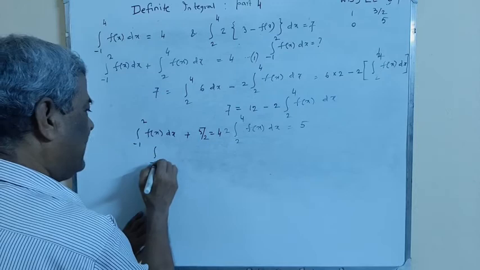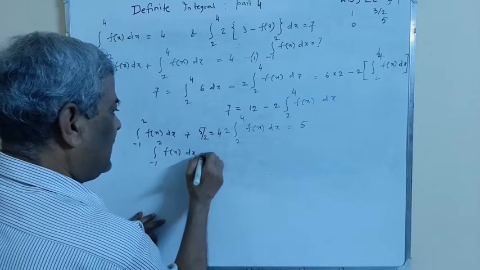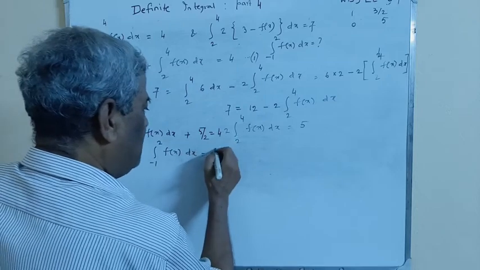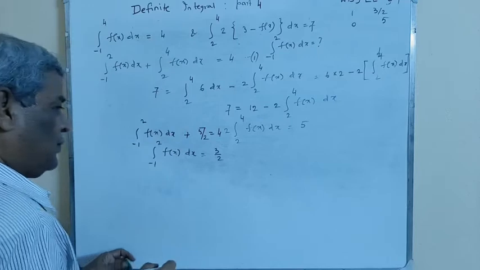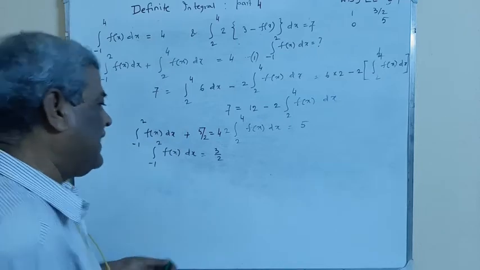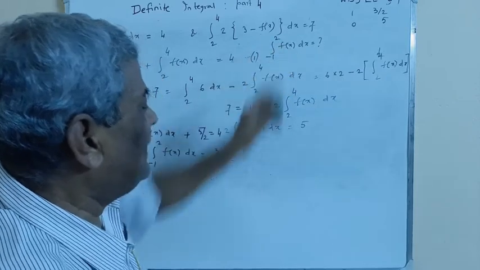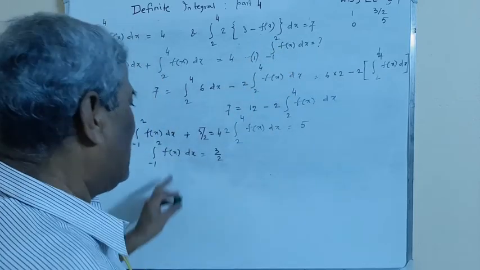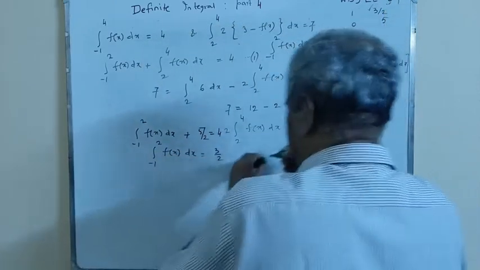So the integral from -1 to 2 of f(x) dx is equal to 3 by 2. So we already get the answer, the integral from -1 to 2 of f(x) dx that we want, how much? It is 3 by 2. So our answer is this.